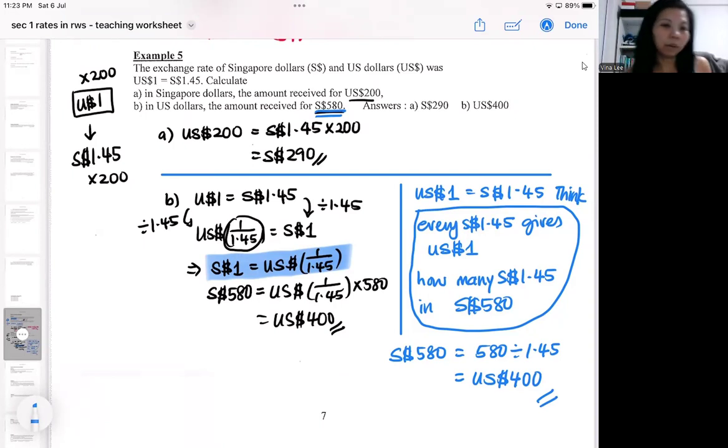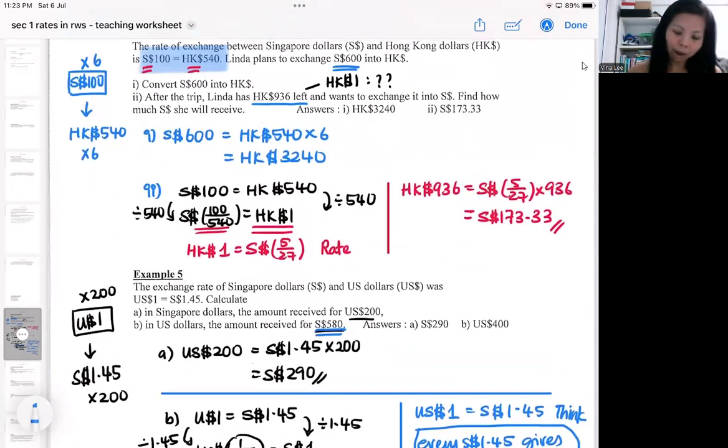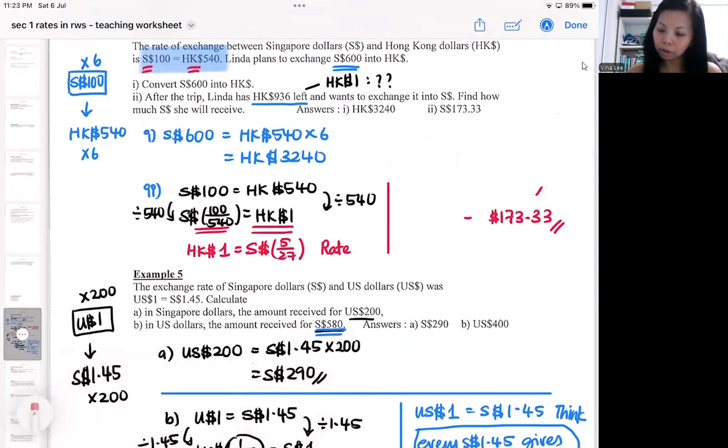Some students prefer the first method, some prefer the second method, which also means I can do the same thing here. So for part B on this question, I can skip the rate for Hong Kong dollar.